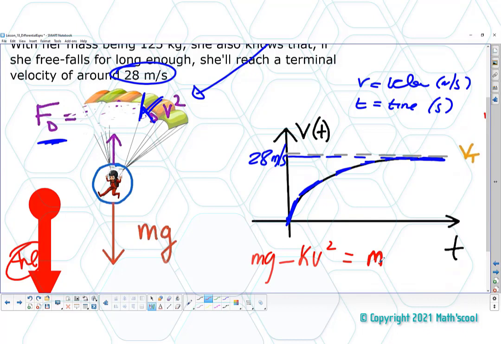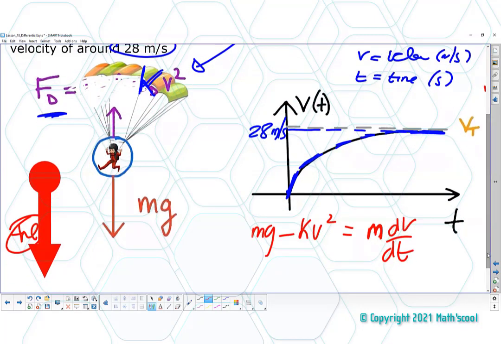You don't need mg, you just need m, and then you need a. And if you write a, you won't have a differential equation. Lovely. There's our differential equation. So we've formed a differential equation for that situation.